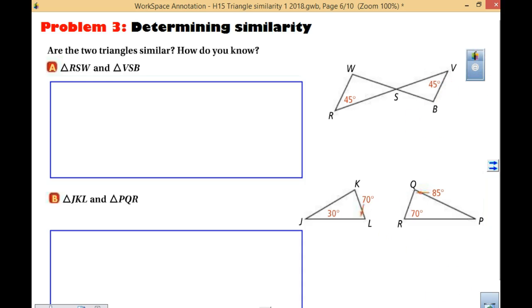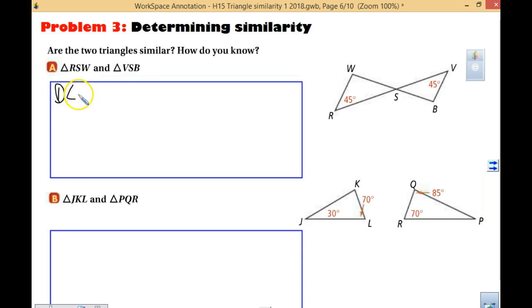So when we take a look at this first one, it says, are these two triangles similar? The first thing we notice is that when we look at angle R, they both have a 45-degree angle. So these are our two facts that we have to list.